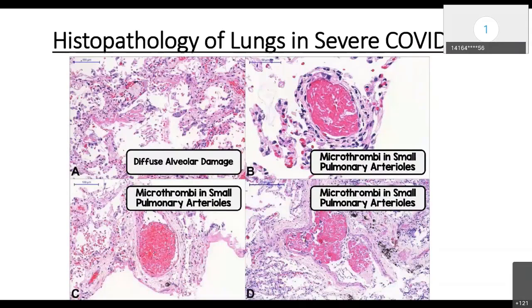There is a hemorrhage. In part B, there is a thrombus within the artery. Part C also shows thrombi, and also D. So this is what happens because of corona infection: it completely damages the lung and causes thrombi, that is, coagulation of blood within the vessels, and then the patient dies because of respiratory insufficiency.